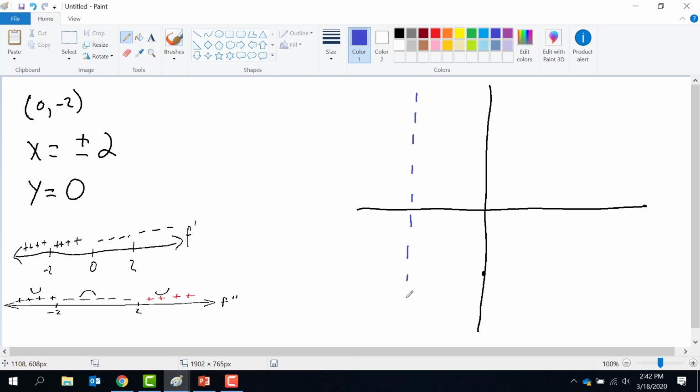And again, what a vertical asymptote tells you is that as your input approaches an x value of 2 or -2, we should label them x equals -2, x equals +2, your output takes off to either positive infinity or negative infinity. Okay, and then we know that the horizontal asymptote is y equals 0, which is just the x-axis. I'll just draw it right above the x-axis.